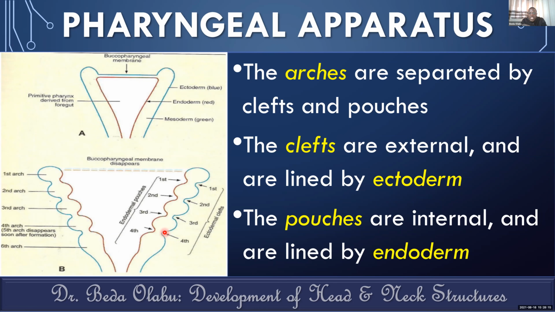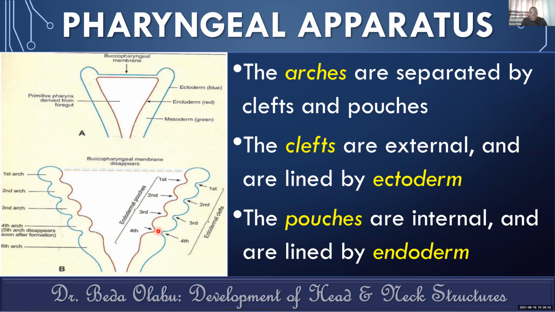What about the tissue interface between the two arches? The tissue interface between one arch and another one, which is this one here, is what we call a pharyngeal membrane. So a pharyngeal membrane is a tissue interface between one pharyngeal arch and the next.